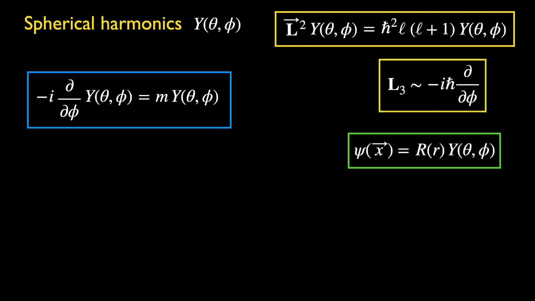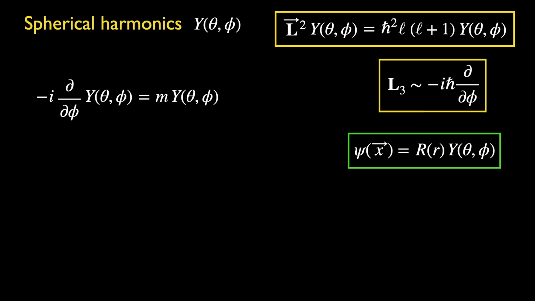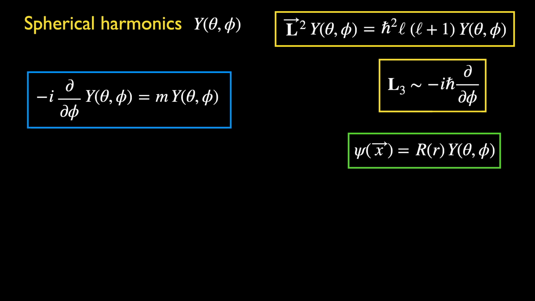This equation says that the spherical harmonics Y is also the eigenfunction of L3. Solving this will give us the dependence of Y on the angle phi. The proportionality factor of this solution can only be a function of the angle theta.